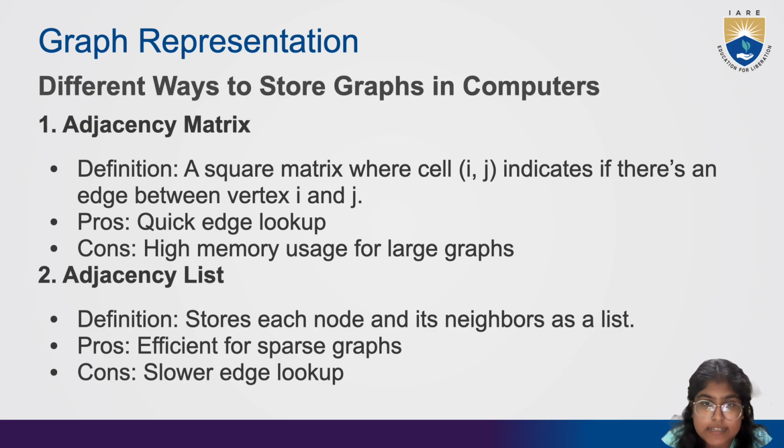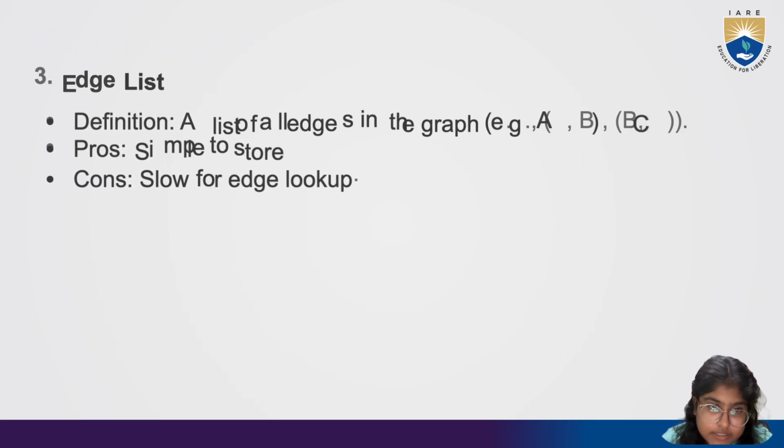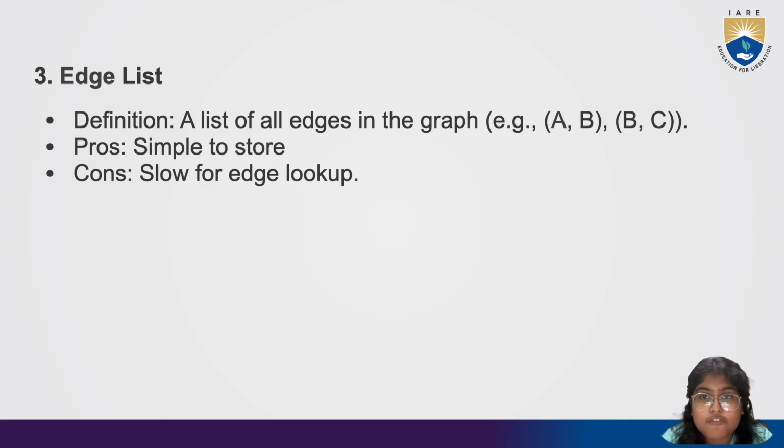Each vertex has a list of its connected neighbors. This is more memory efficient for large sparse graphs. And lastly, edge list. A simple list of all edges. This is useful when we only care about connections and not specific structures. Each representation has advantages depending on the problem being solved.